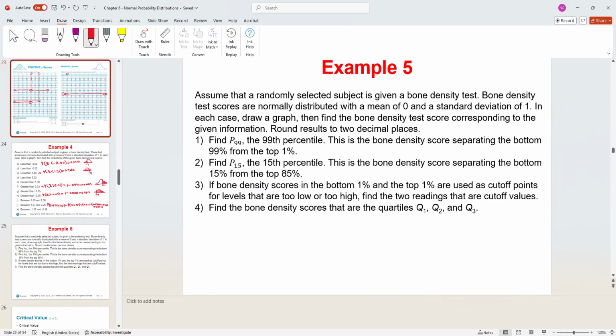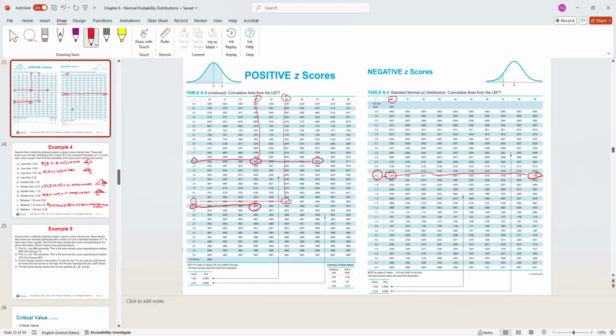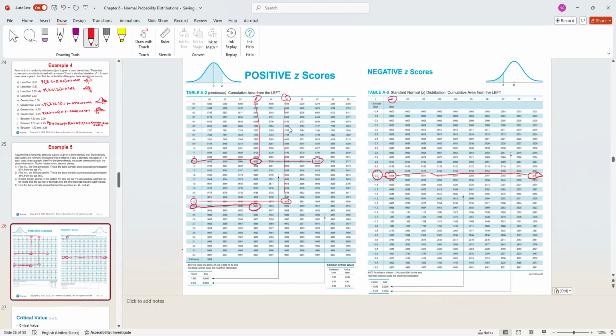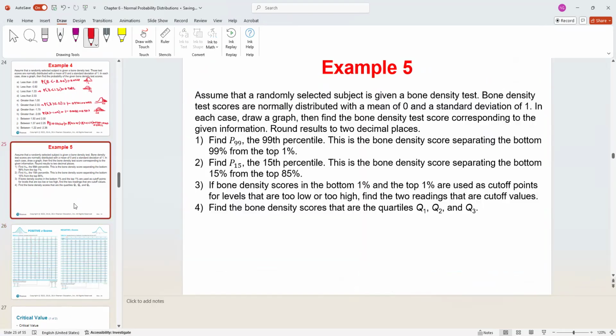We need to go with the tables again. So I'm going to copy the table and put it down here because, as I said, we use the tables a lot, because everything we do, we will do it with the tables.